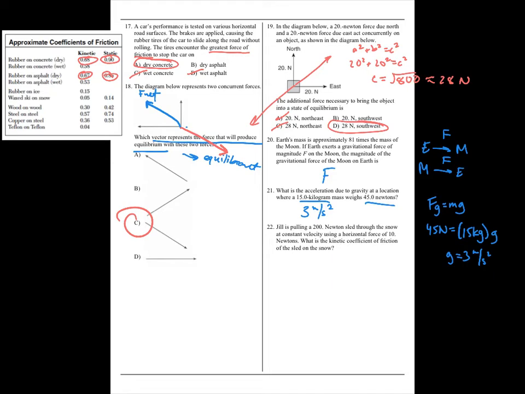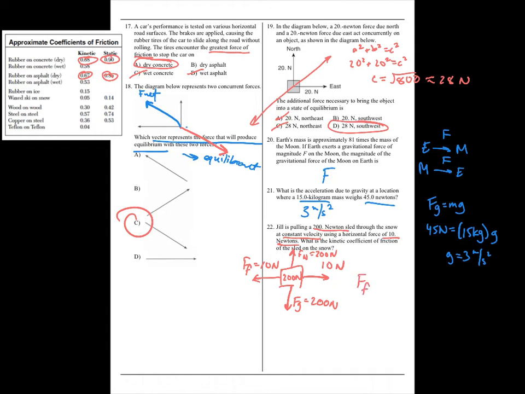Okay, number 22, Jill is pulling a sled that's 200 newtons with a constant velocity with a force of 10 newtons. This one's going to the right, 10 newtons. It's moving at constant velocity, so it's in equilibrium. That means the friction side is also 10 newtons. The weight going down is 200 newtons because they gave it to you in newtons, and the normal force is the same as the weight, also 200 newtons.